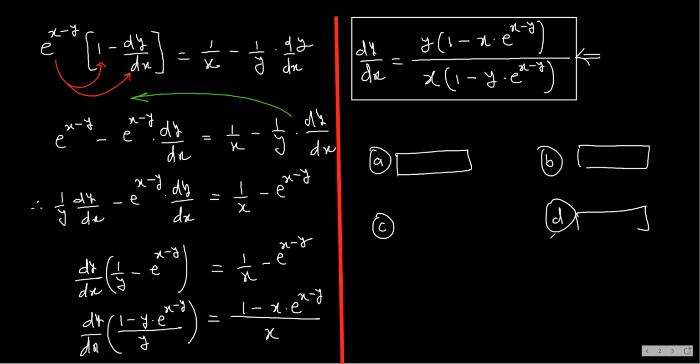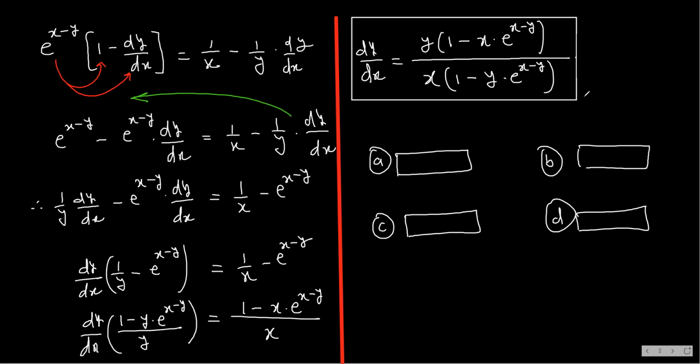In that case, you may be surprised why you are not getting the dy by dx. See, I tell you the reason. The answer that you got is a correct answer, but the correct answer given in the option is the modified answer.